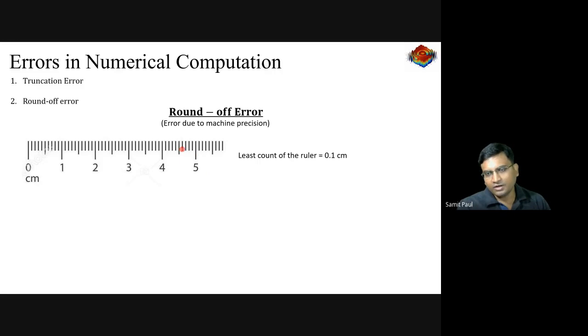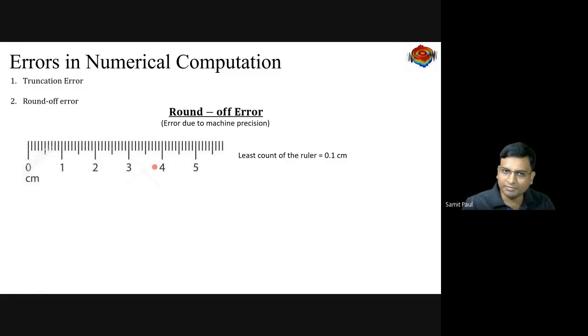If you recall, your scale or ruler has a least count. You cannot measure distances smaller than the ruler's least count with the same ruler. For example, this particular scale has a least count of 0.1 centimeter, and you cannot measure 0.01 centimeter with this scale. That is why it is called the least count.